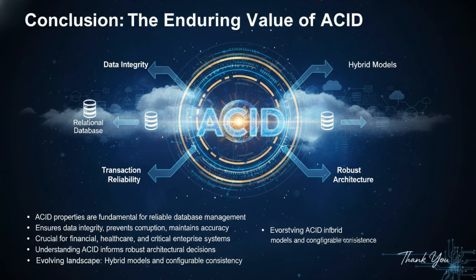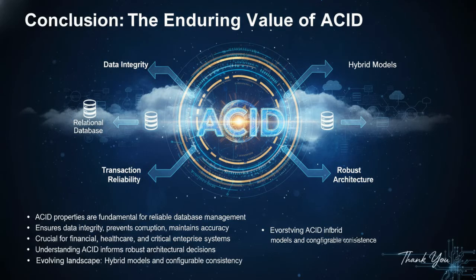In conclusion, the ACID properties, atomicity, consistency, isolation, and durability, represent a cornerstone of reliable database management, particularly for relational systems. They provide a robust framework for ensuring data integrity, preventing corruption, and maintaining the accuracy of information, even in the face of concurrent operations and unexpected system failures.